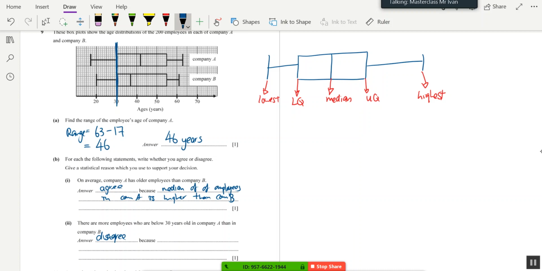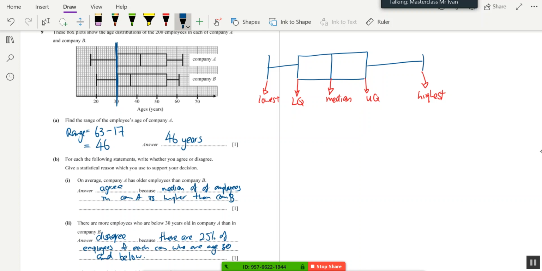What does lower quartile mean? Lower quartile is the 25%, right? Because there are 25% of employees of each company who are age 30 and below.